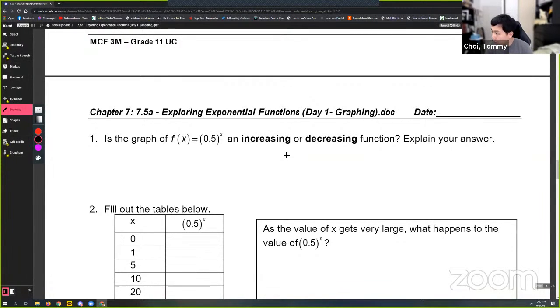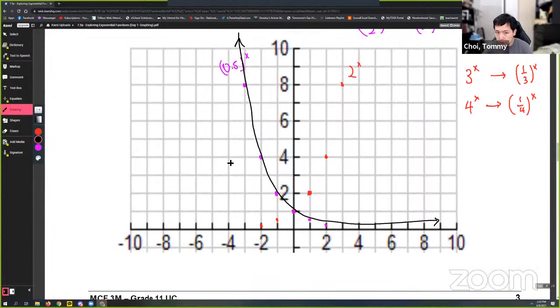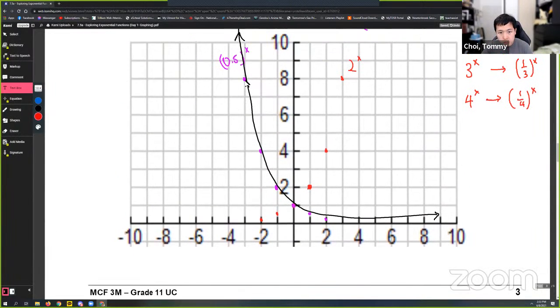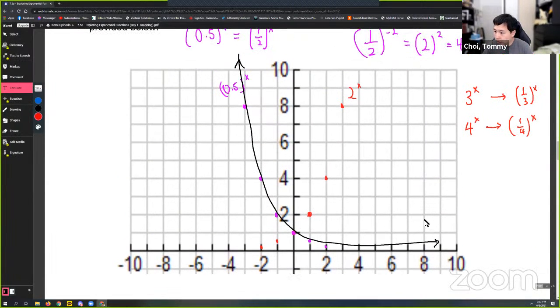So, next question. Is 0.5 to the power of x increasing or decreasing? Looking at the purple dots. Going from left to right, is it increasing or decreasing?